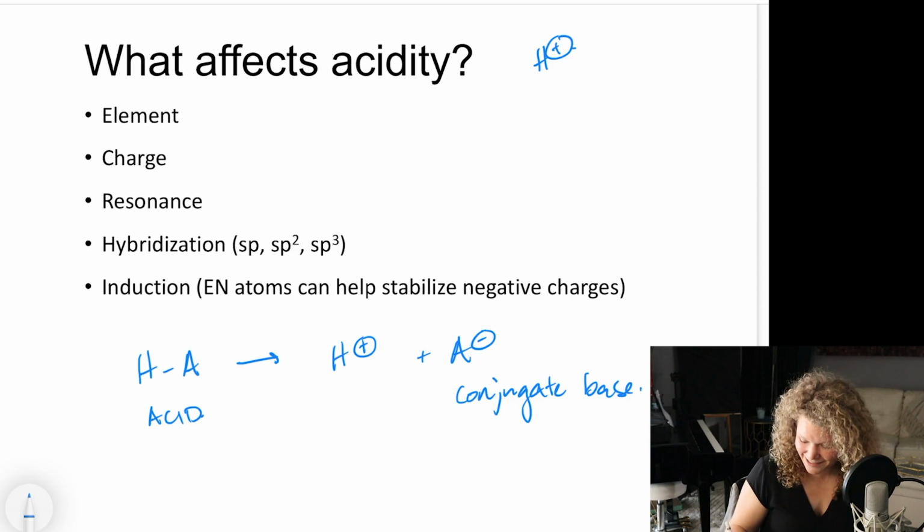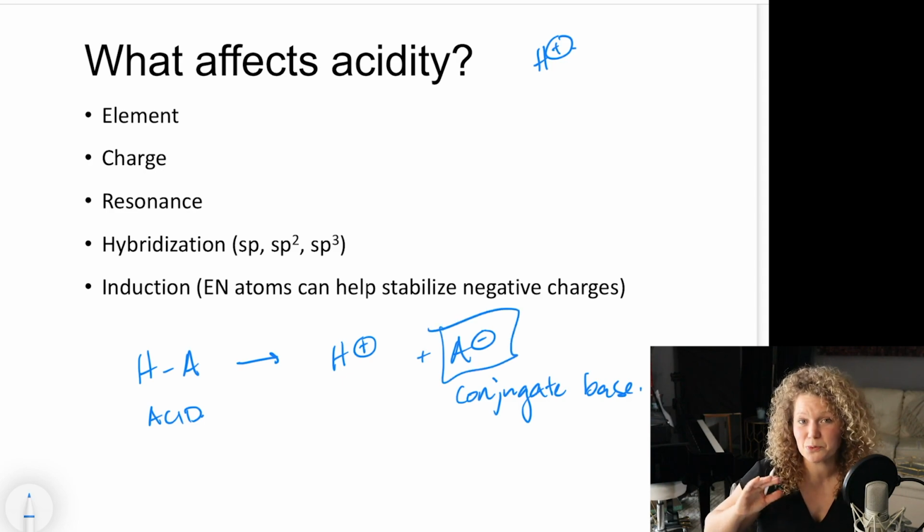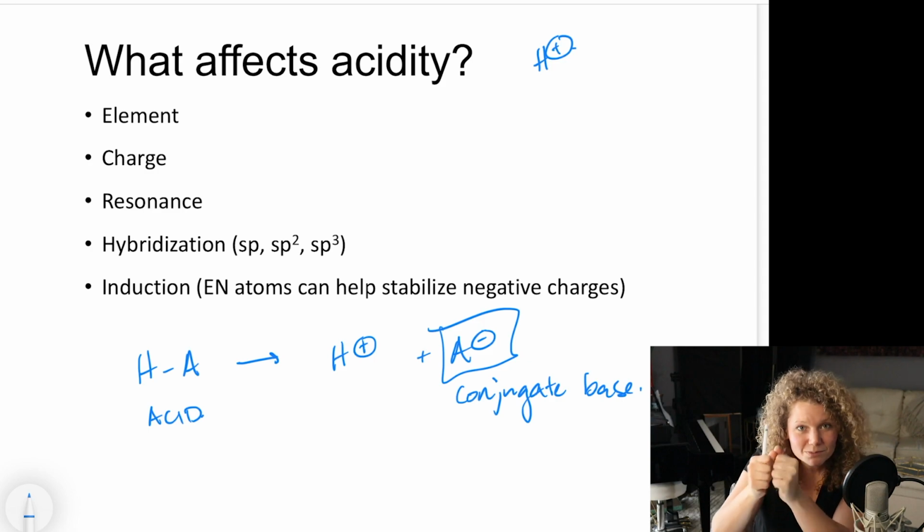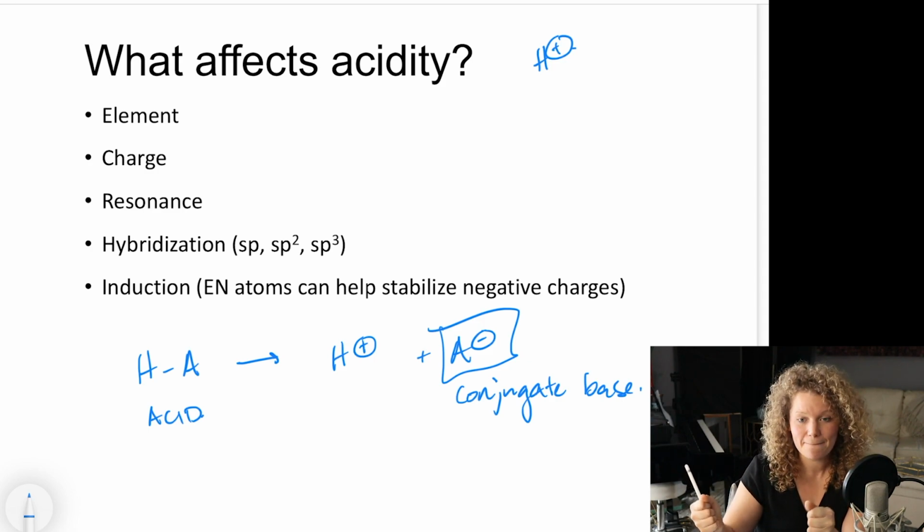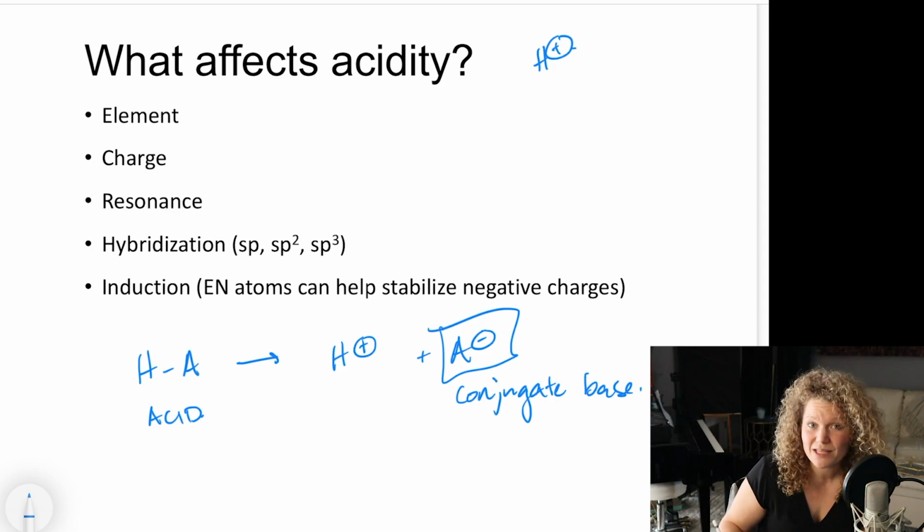And if this A minus is really happy being A minus and holding a negative charge, that's going to make it more likely for HA to split apart. So the more stable this A minus is, the more likely this HA will act as an acid and give up its proton.